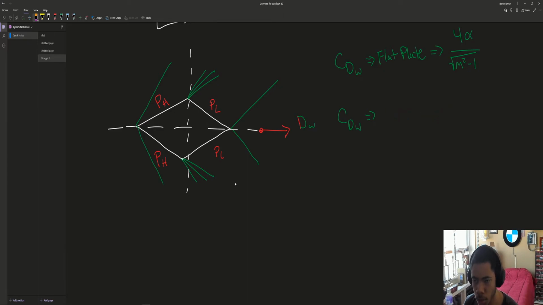And I'm going to rewrite down here, C_dW, in terms of any airfoil you have, is going to be equivalent to 4. Make sure I write this correctly for you.